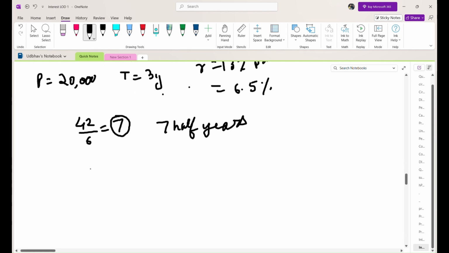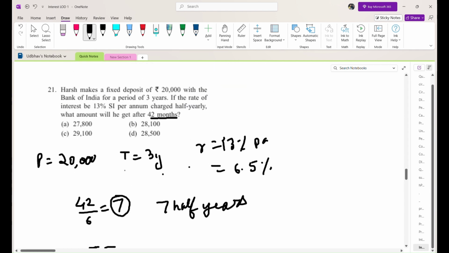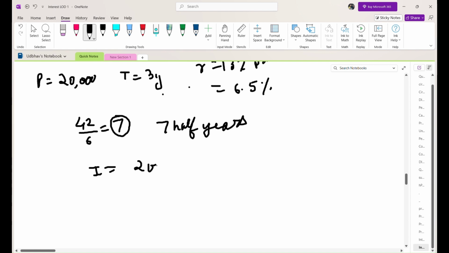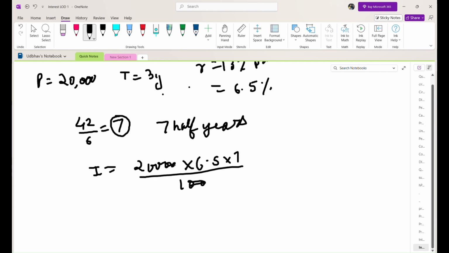So the interest will be 20,000 into 6.5 into 7 upon 100, 200 into 6.5 into 7, 9,100.